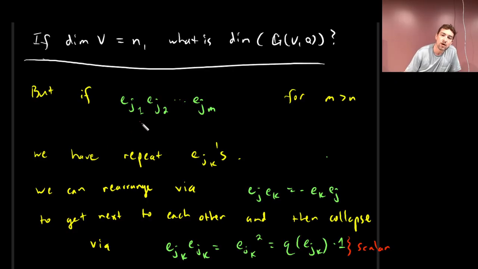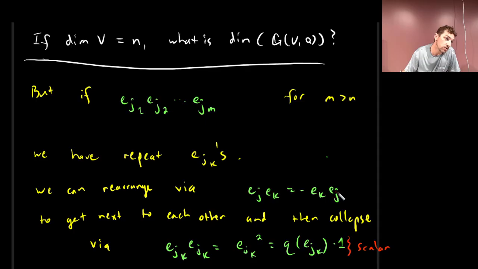Okay, so now let's just look. If I've got some product of this orthonormal basis, remember this is an orthonormal basis for V that we're assuming we've already picked. If I've got a product of them where the number is greater than n, the dimension of the vector space, then I'm going to have repeats of the EJs, right? There's at least some repeats. So the point is, we can rearrange.